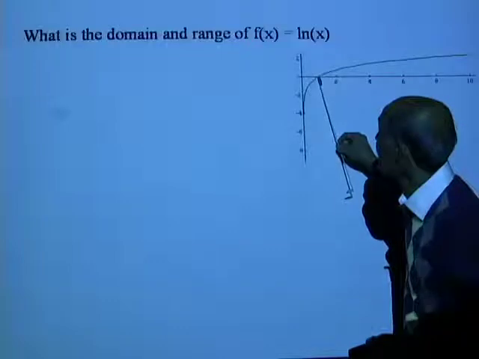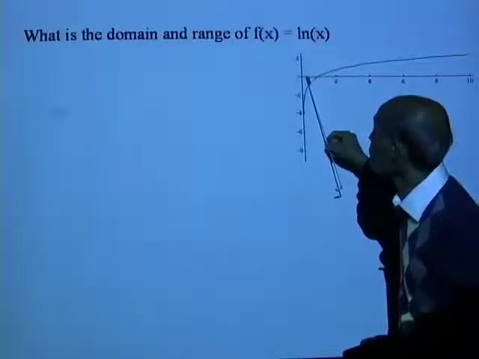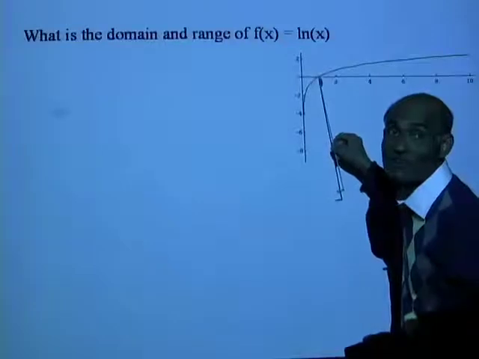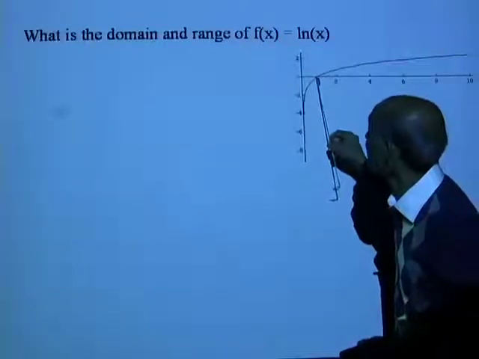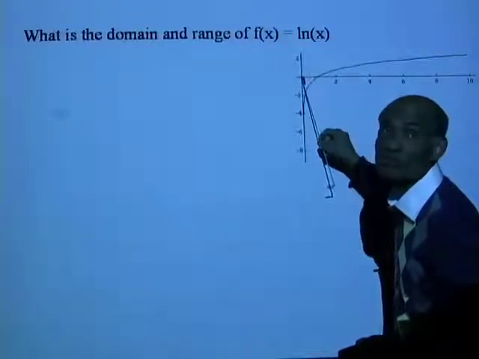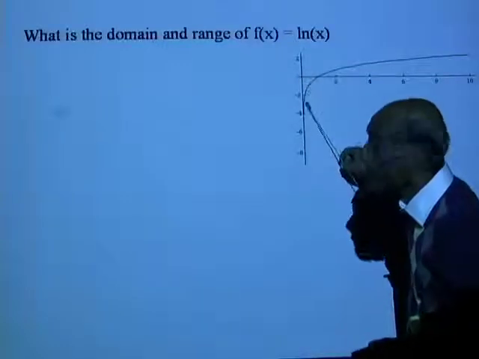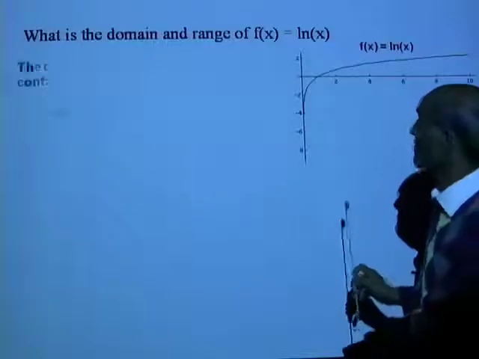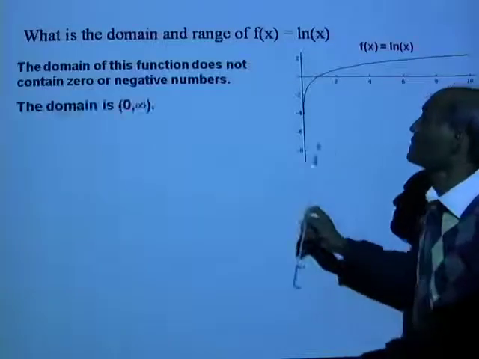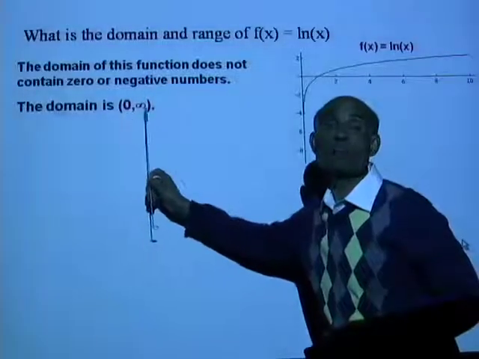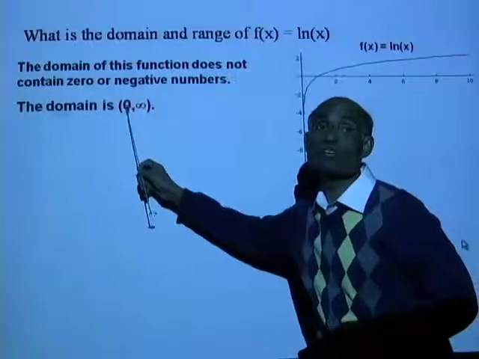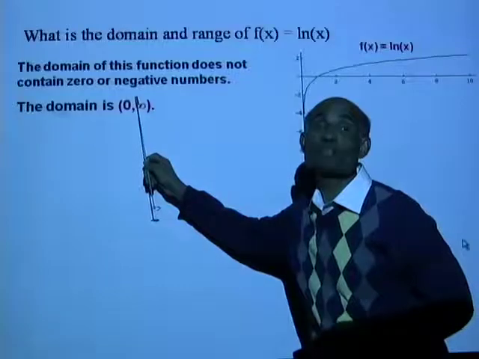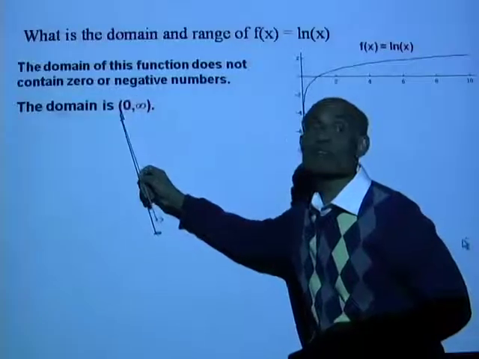As x gets closer and closer to 0 from the right, the output goes to negative infinity. That means the domain is only numbers from 0 to infinity, 0 not included, because ln of 0 is undefined. Look at the parenthesis there.